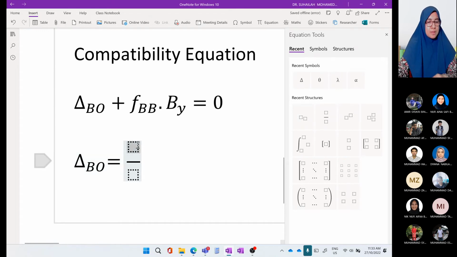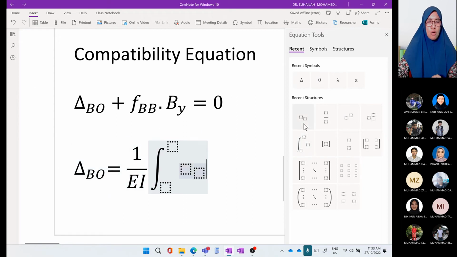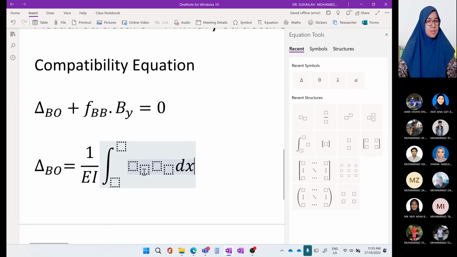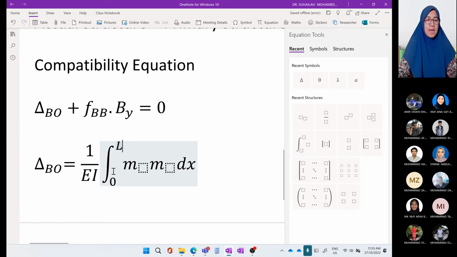We have 1 over EI due to bending effect in beam and frame, and then we integrate two moment equations. This is M, this is also M. Remember, to calculate displacement we must integrate two moment equations, from 0 to L. This is the same formula you used previously under the topic of deflection in CES521.